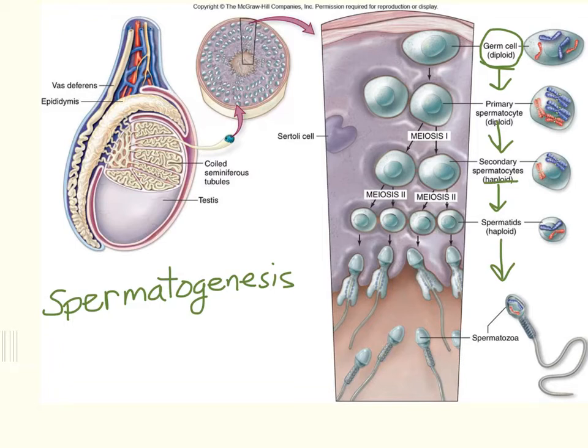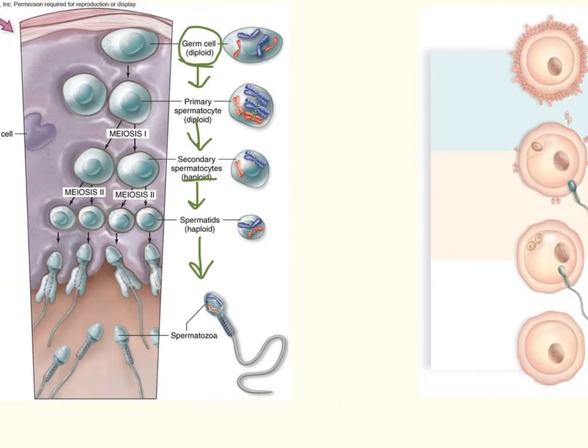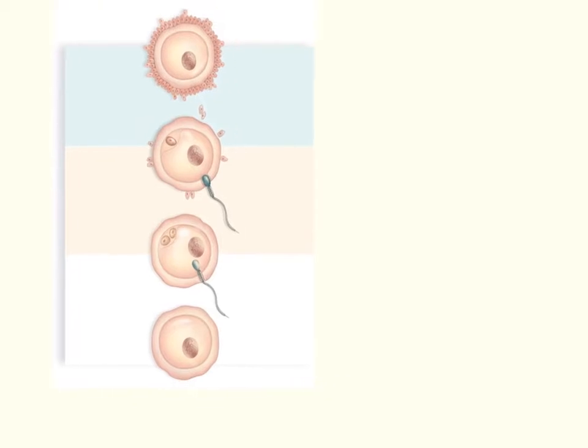In females, the process of gamete production is much different. It is called oogenesis, and at birth, the ovaries in a female contain about 1 million ovarian follicles. A follicle is like a container. Each follicle contains a primary oocyte.